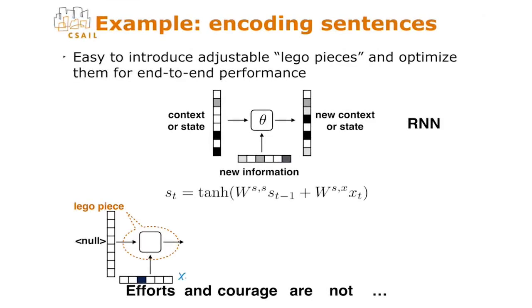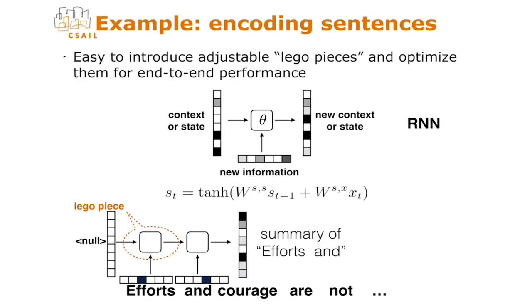Here we have x1 and s0 again. And as a result, what we get is a vector representation of s1. What we believe so far, the summary of just having seen the word efforts should be. So that summary is now a vector, S1, and the process can continue.